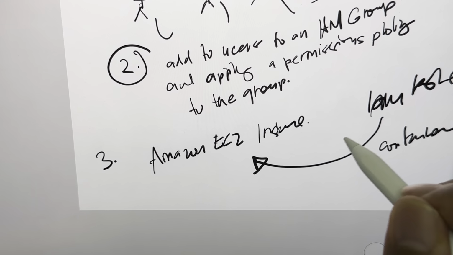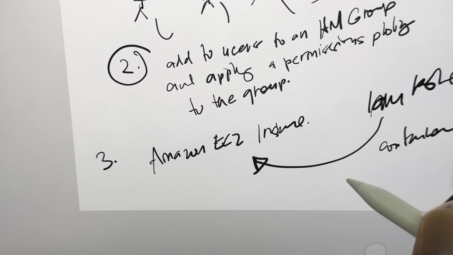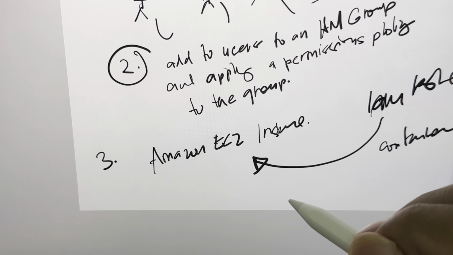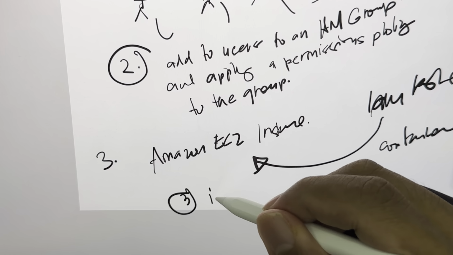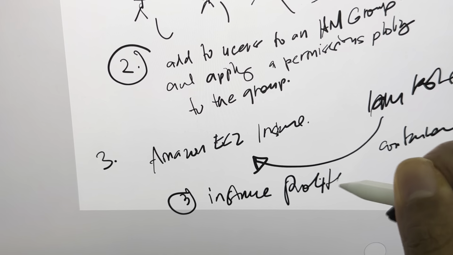What container? A Docker container, an STS, Amazon Token Service, an instance profile. Instance profile, I think. Instance profile.